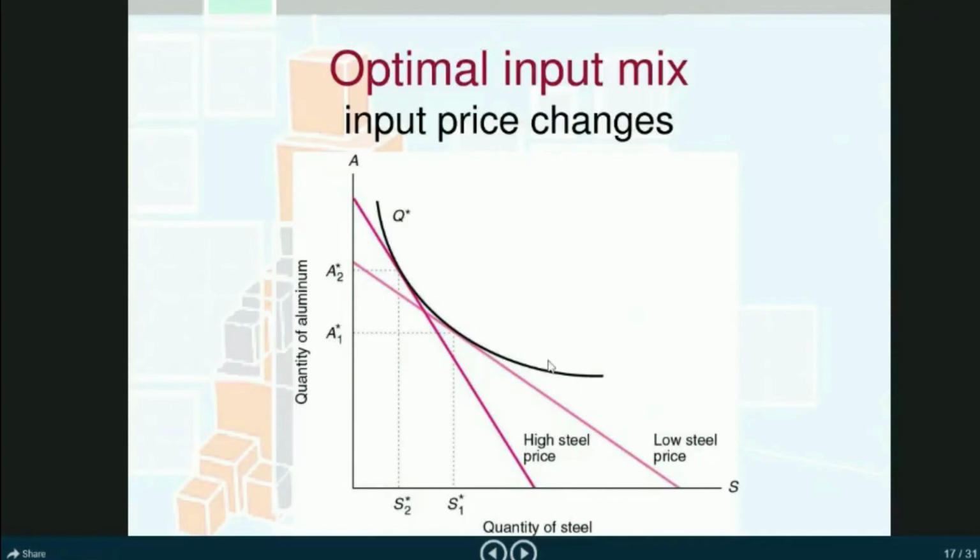This is what we call the substitution effect. The tangent here is the optimal input mix. With the substitution, regardless of whether you use low-priced steel or high-priced steel, you can have the same quantity. The tangent here is your optimal input mix.